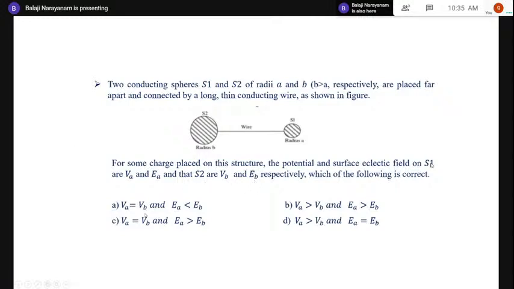Then we are given the four options. Which of the following is correct? The relationship between the potentials of sphere A and sphere B and between the two electric field intensities EA and EB is given in the various options, and which of the options is correct? This is the question given.